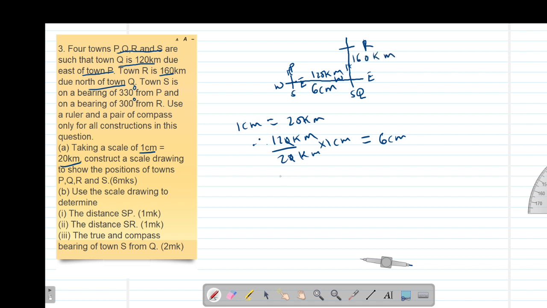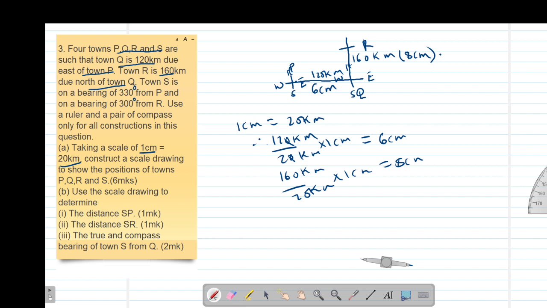If I convert on my scale, it will be 160 kilometers divided by 20 kilometers times 1 centimeter, which is going to give us 160 divided by 20. We are going to get 8 centimeters. So here we'll be measuring 8 centimeters when we are drawing the actual diagram. So town R is 160 kilometers due north of Q.